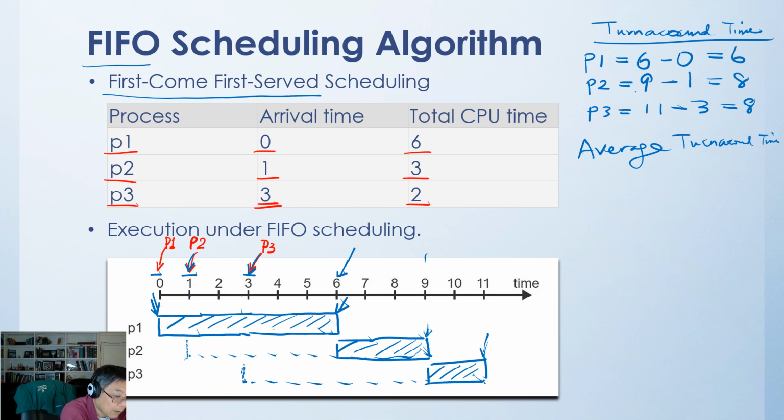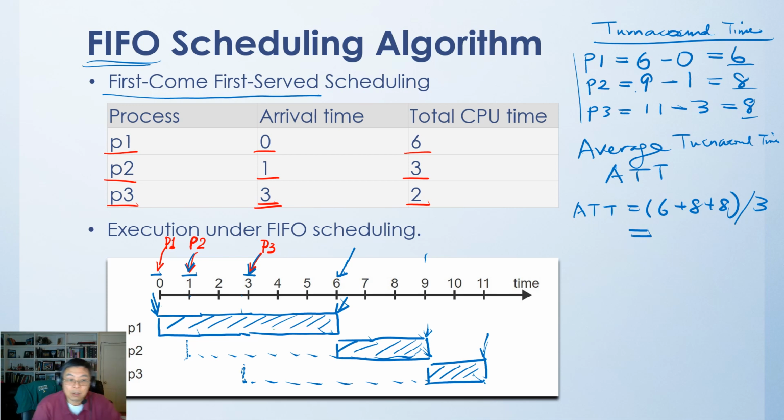So that's the ATT. Average turnaround time is just the ATT for this FIFO. In this particular case, it is 6 plus 8 plus 8, the turnaround time for each process, divided by the number of processes, which is 3.